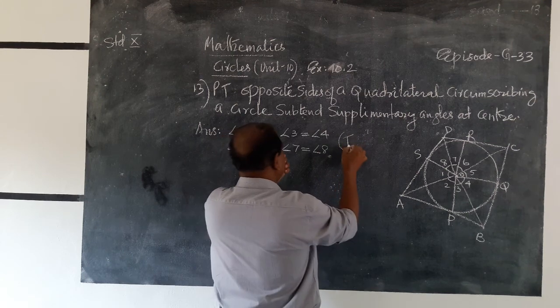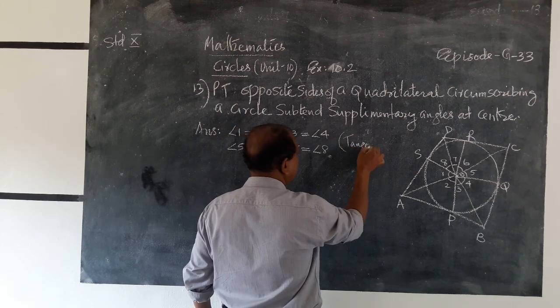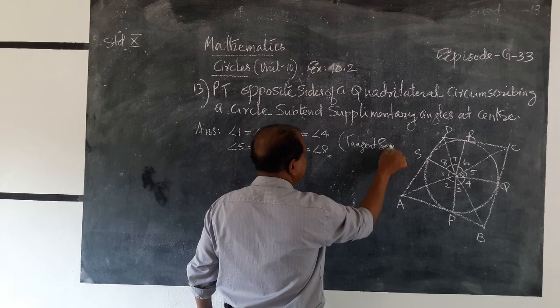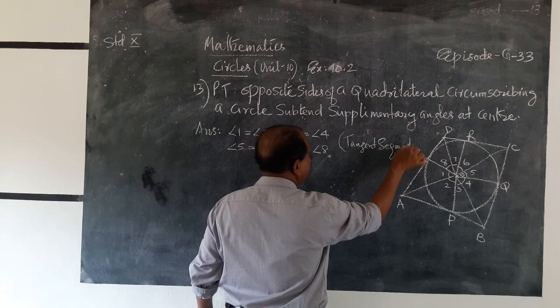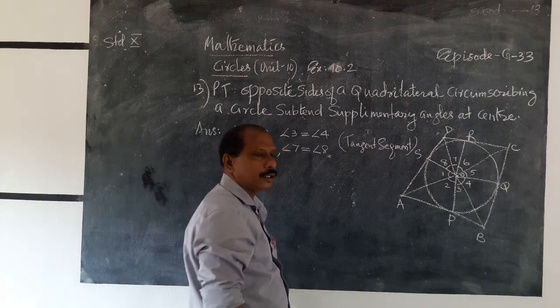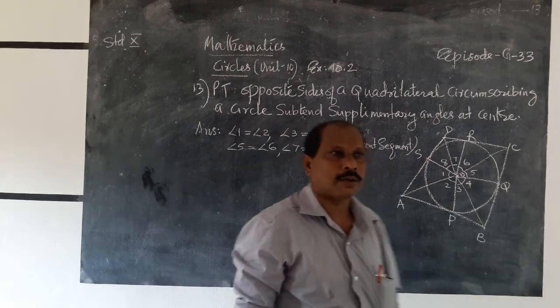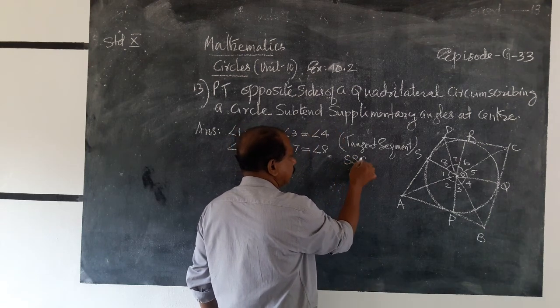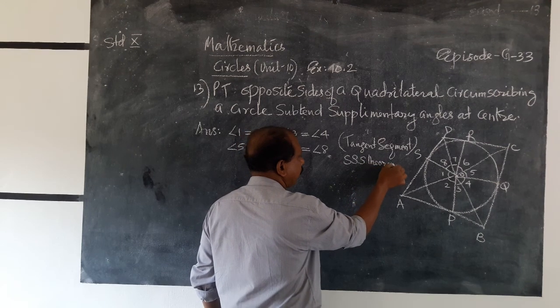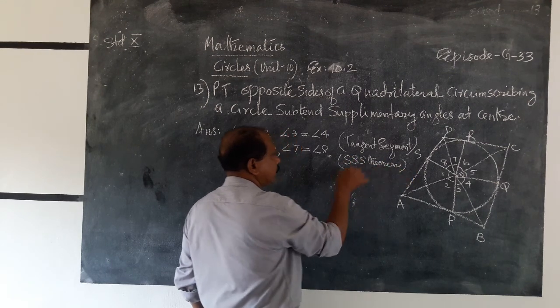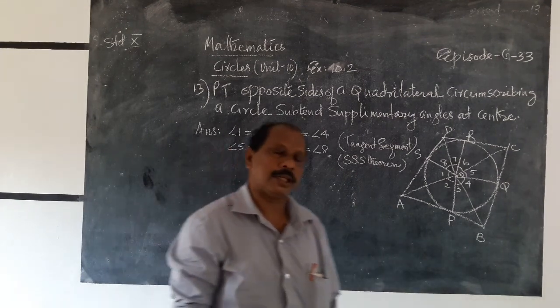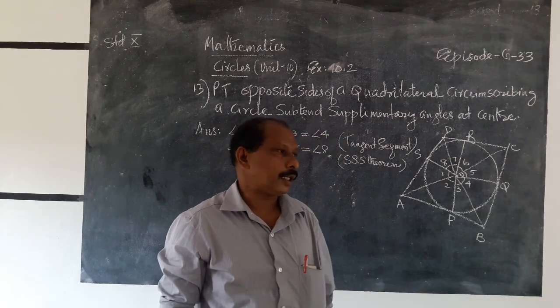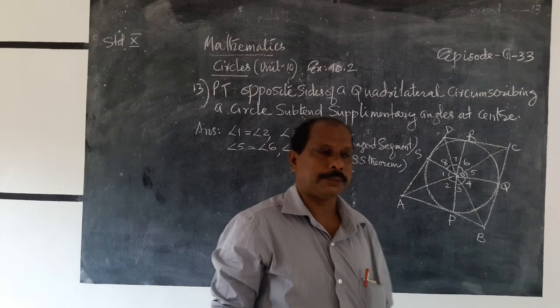That is the tangent segment theorem. Here they are equal, therefore the triangles are congruent, by the RHS criterion of congruence.